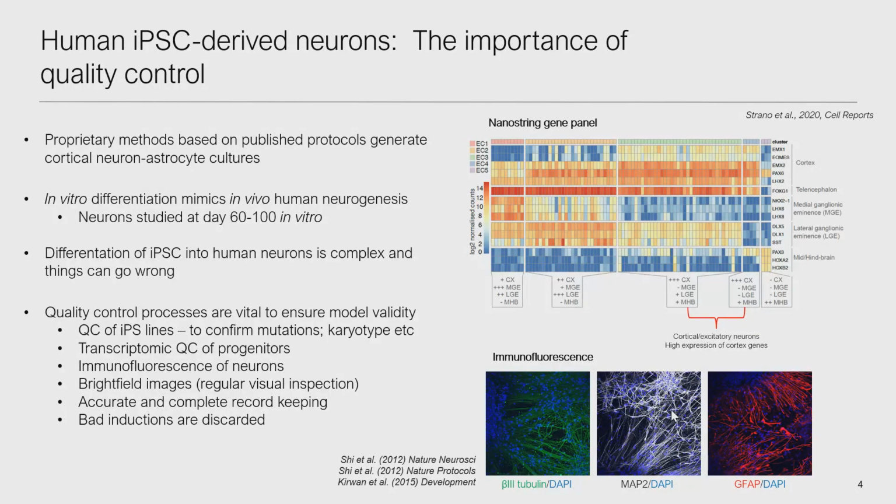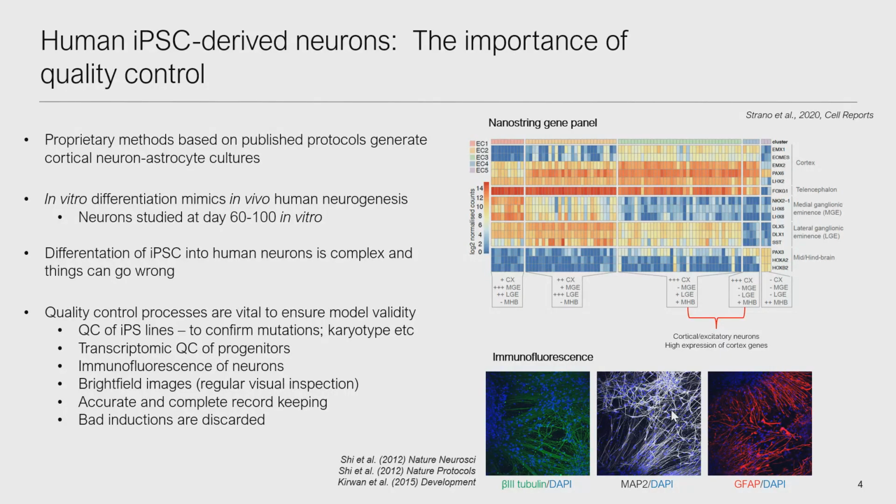We also run immunofluorescence staining to make sure that we see expression of beta-3 tubulin, MAP2, for example, as shown on the bottom right-hand side of the slide, and look at the cultures really regularly. So we've got a really experienced team who know what neurons are meant to look like, or microglia or astrocytes.